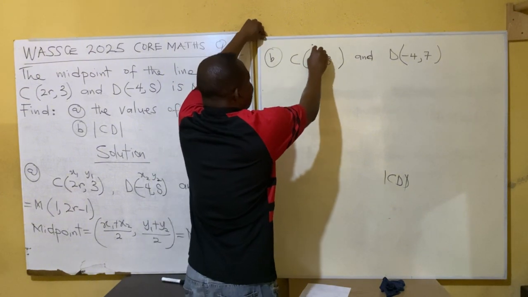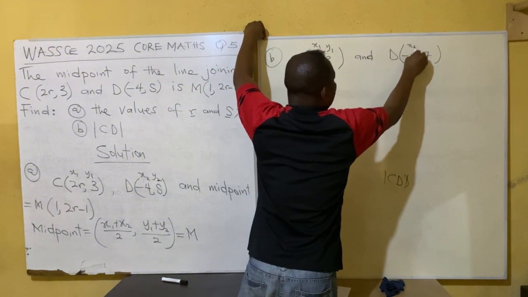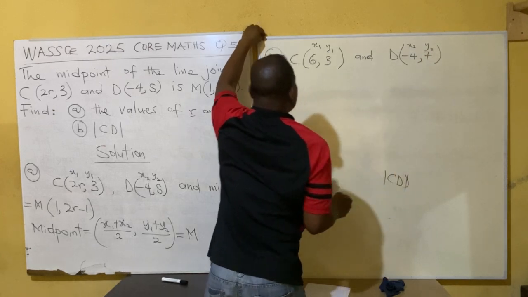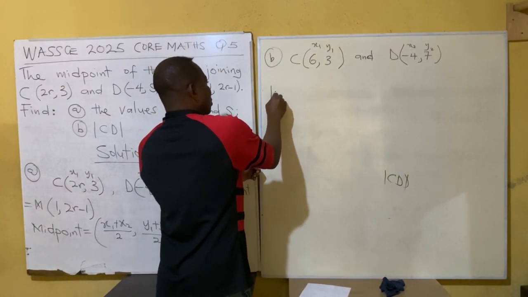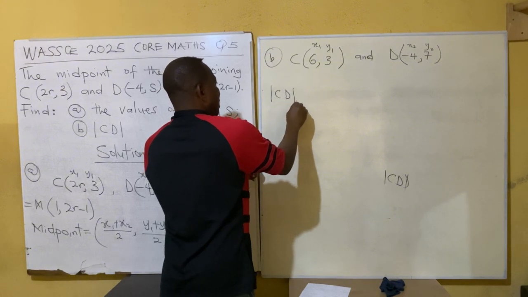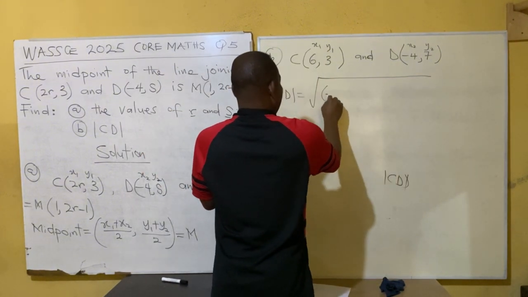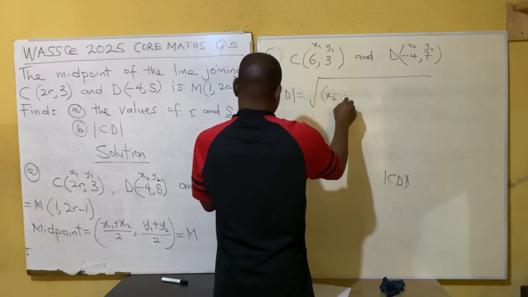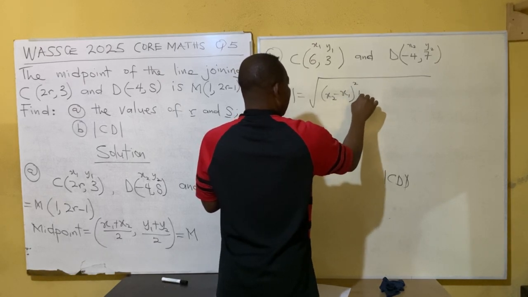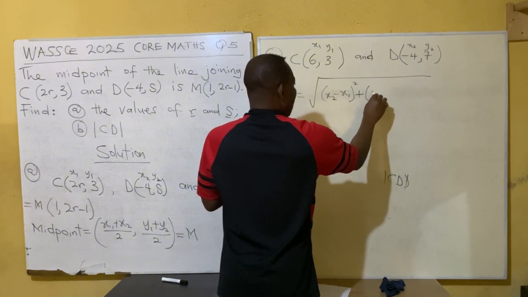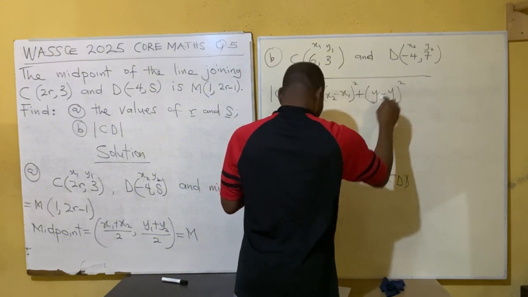So we say this is (x1, y1) and (x2, y2). So we say that the magnitude of CD is equal to the square root of (x2 - x1) squared plus (y2 - y1) all squared.